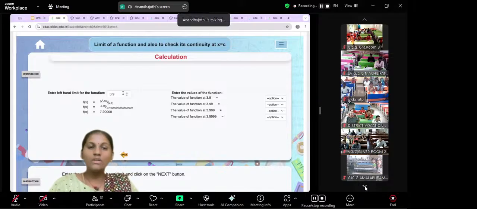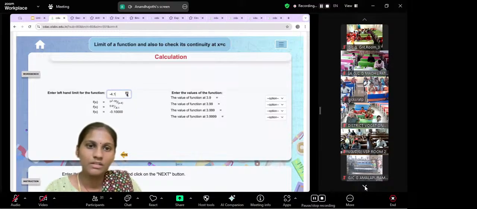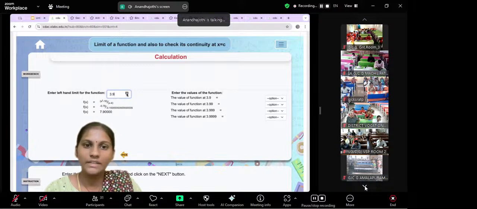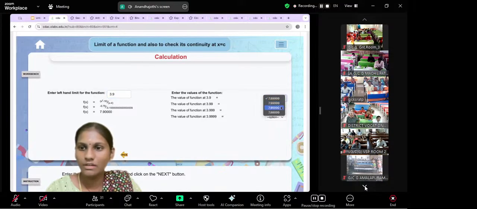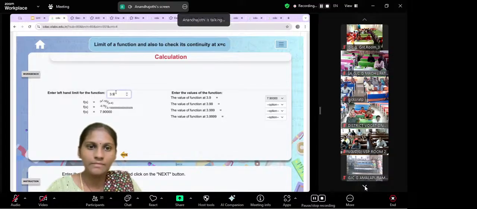So now they provided different limits. We can vary this up to 3.9. We can directly see this, right? So what's the value of the function at 3.9? We varied it to 3.9 and it is 7.9. So what is it for 3.99? So I can simply add 3.99.